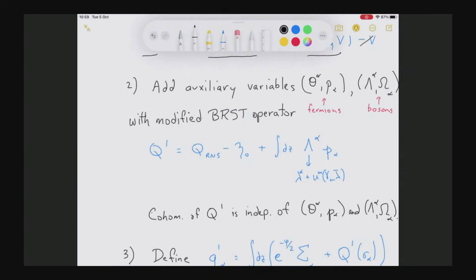The way you modify the BRST operator is by adding this topological term, lambda alpha p alpha. This is the standard topological quartet mechanism, which tells you that physical states are independent of the thetas and p's and the capital lambdas and omegas.